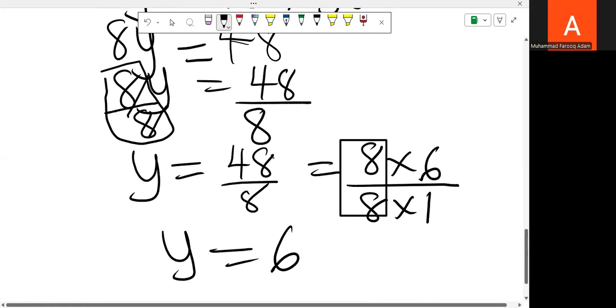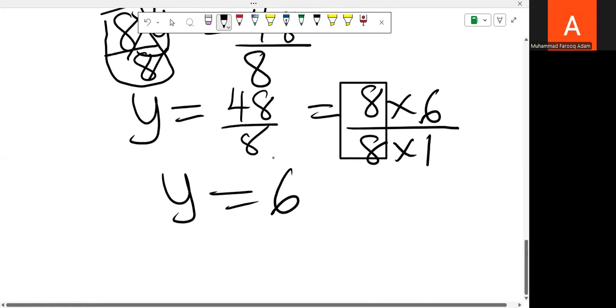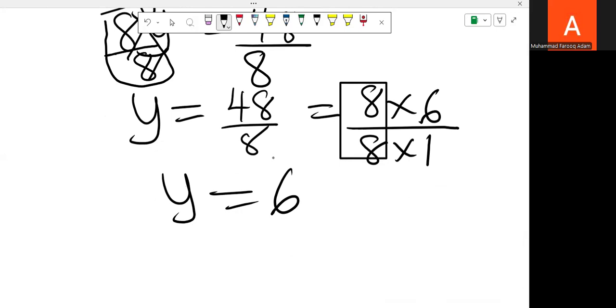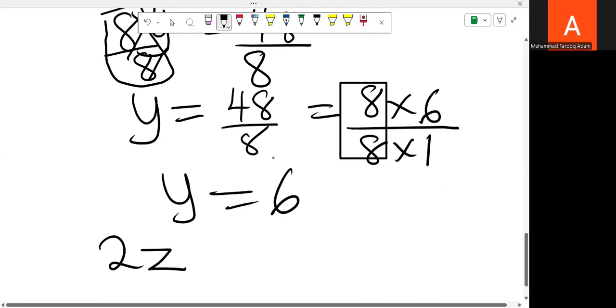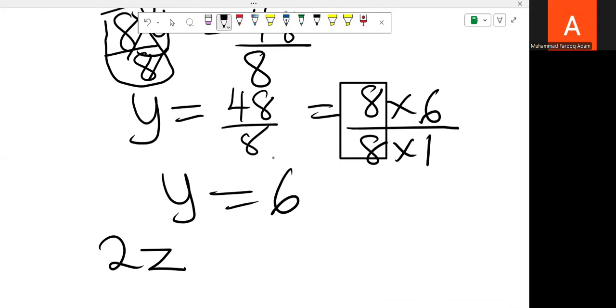Another question we did, I'd want to bring in, something related to what we did in our last class. The question goes: 2z minus 3 is equal to 7. Know that all of these alphabets that we bring in are just for you to find the unknown.